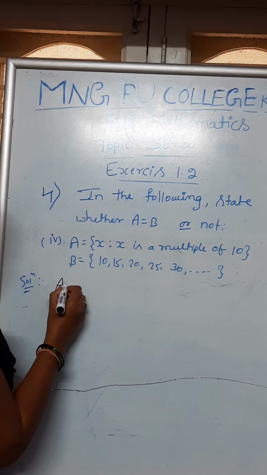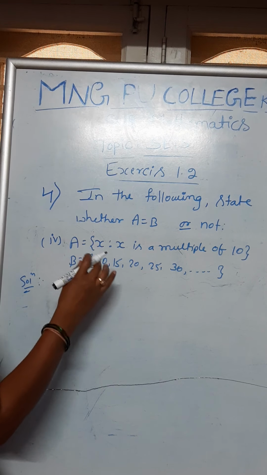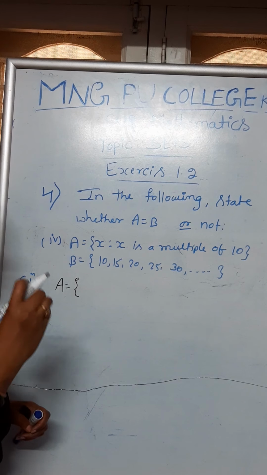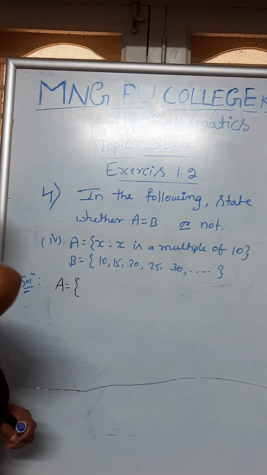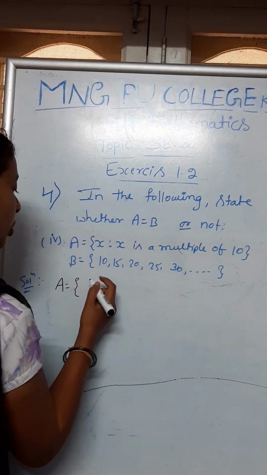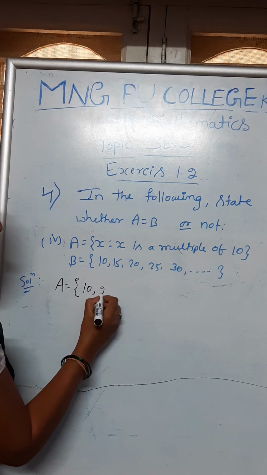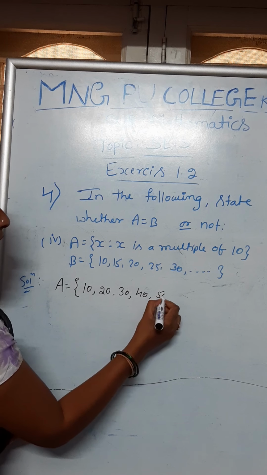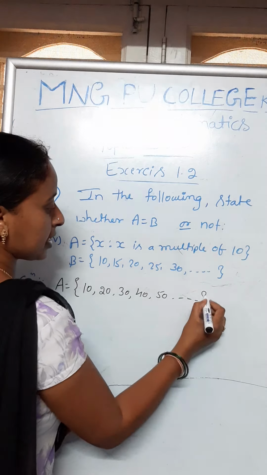First consider the set A elements. X is a multiple of 10, so if we multiply by 10, we get the elements: 10, 10 twos are 20, 10 threes are 30, 10 fours are 40, 10 fives are 50, etc.